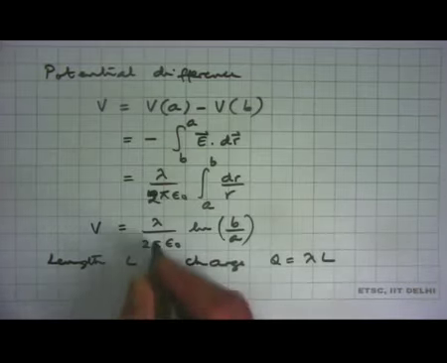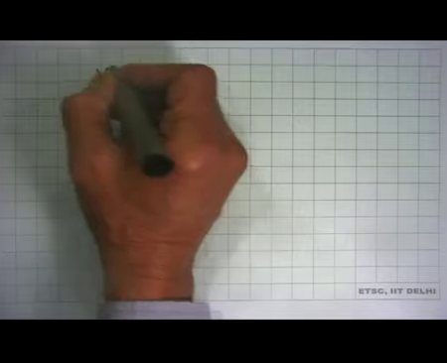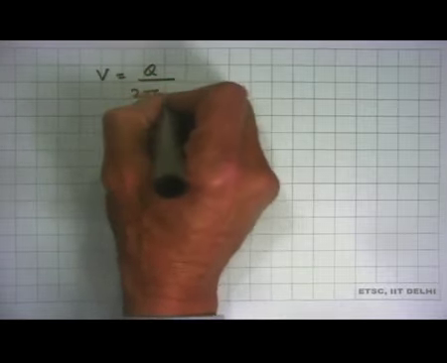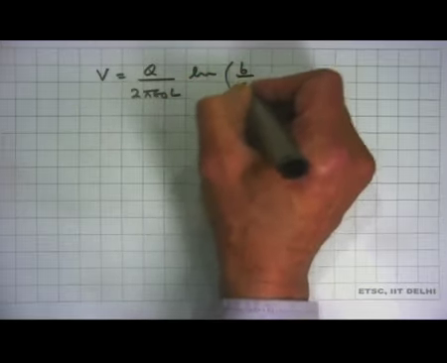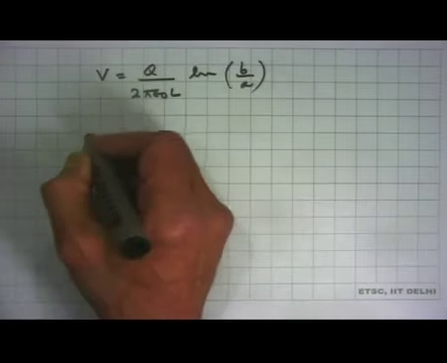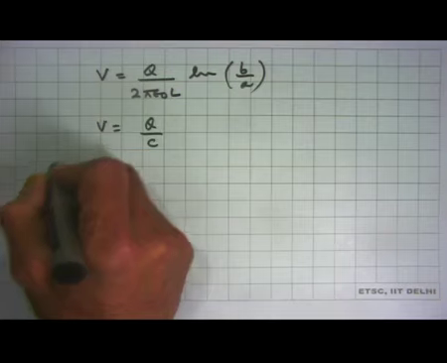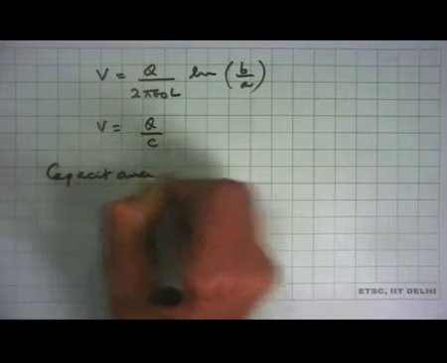So, I replace lambda by q by L in this equation and I get the following equation: V is equal to q by 2 pi epsilon 0 L into log B by A. And so, because we know that V is equal to q by C, we can define the capacitance of this configuration.